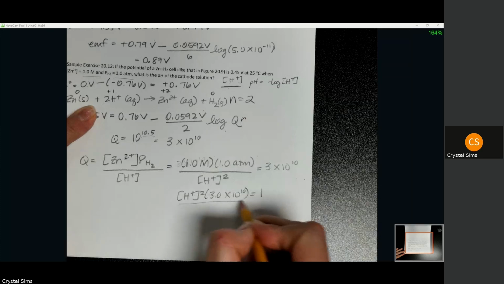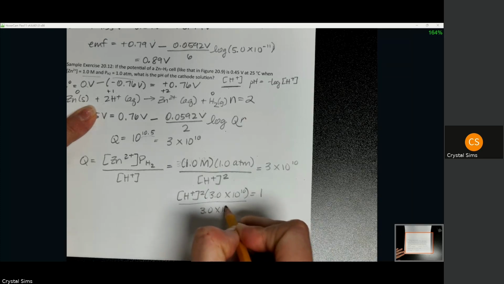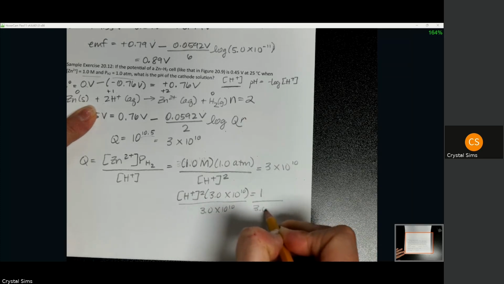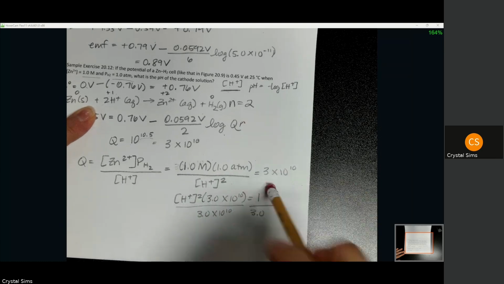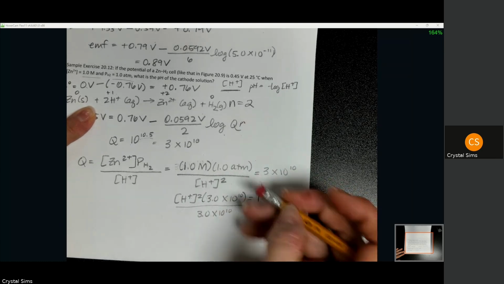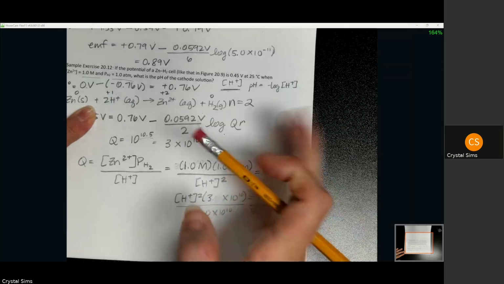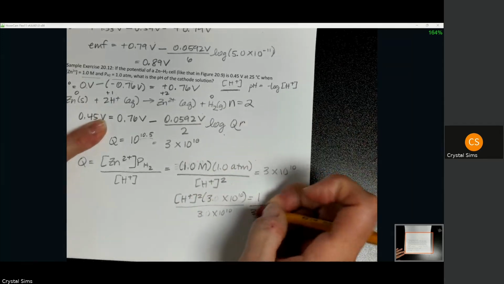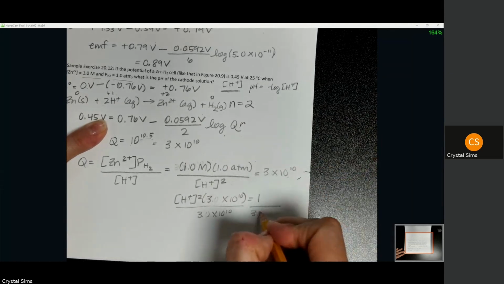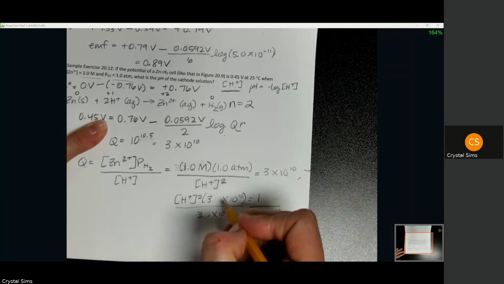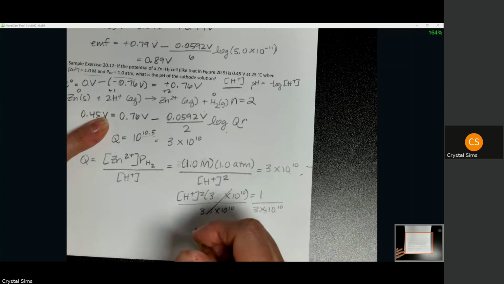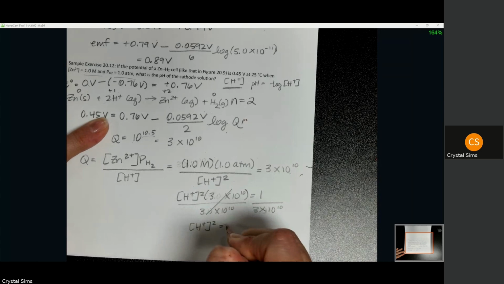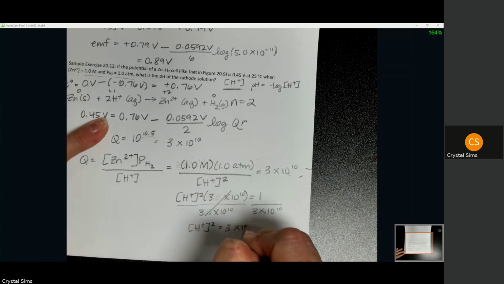So then I divide both sides by 3 times 10 to the 10. Sorry, I keep wanting to put a 3.0 in there. I'm so used to putting decimals, but it is just 3 times 10 to the 10. So I divide both sides, and that gives me 3 times 10 to the negative 11.